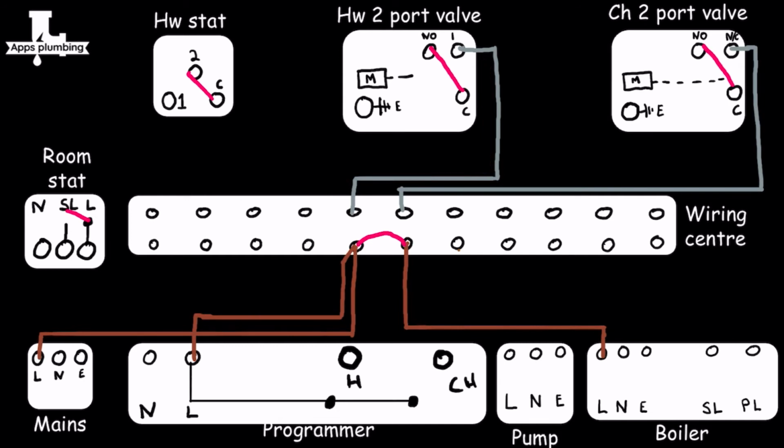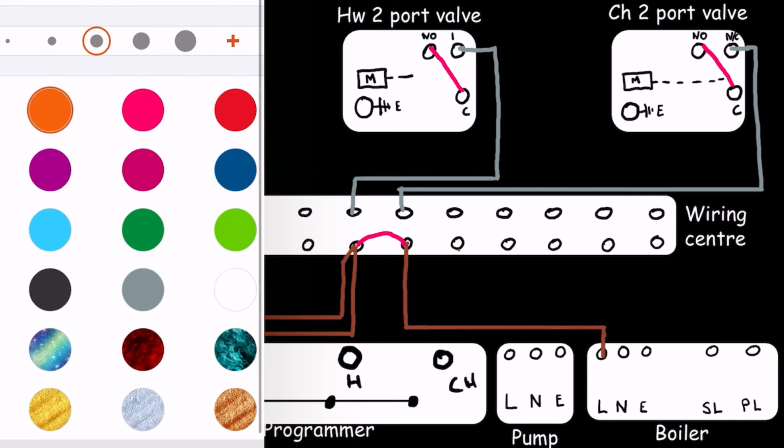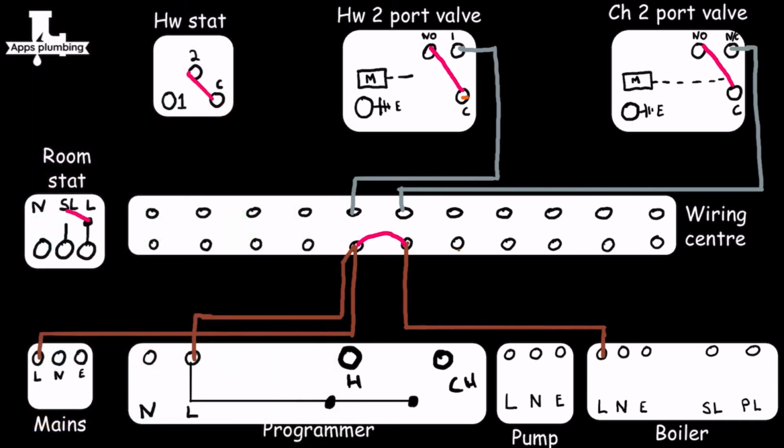Okay, so how does it then go from, say, our wiring center? It's got a switch wire coming out, which is called switch live, on orange. That then goes in to our switch live on our boiler.